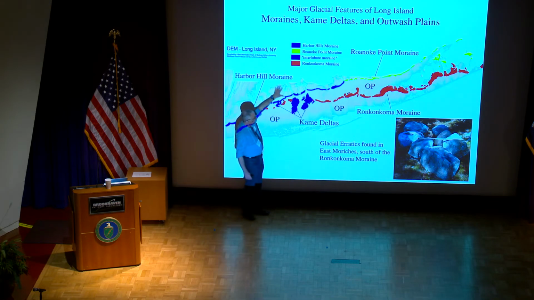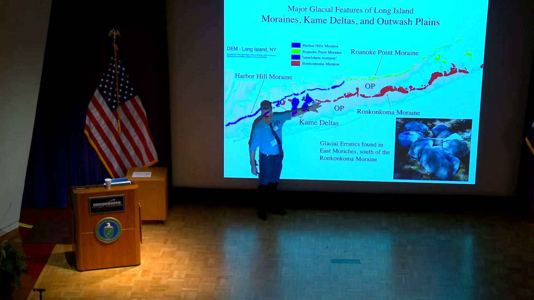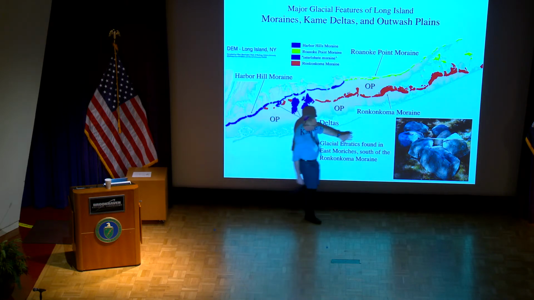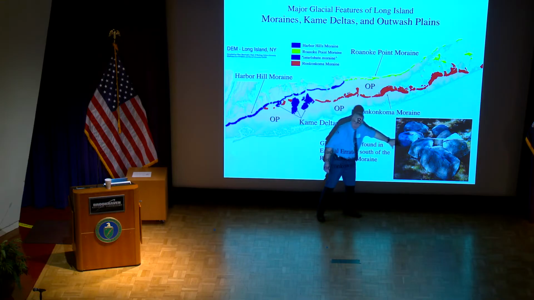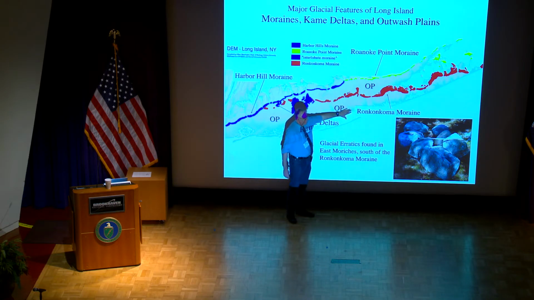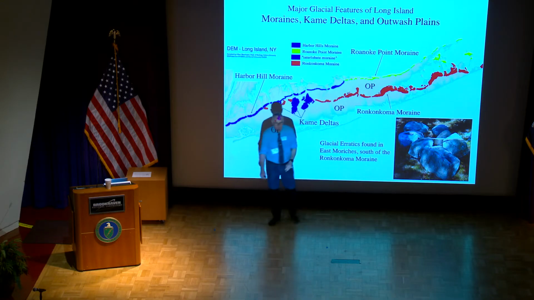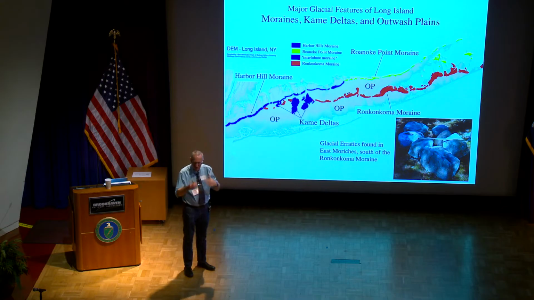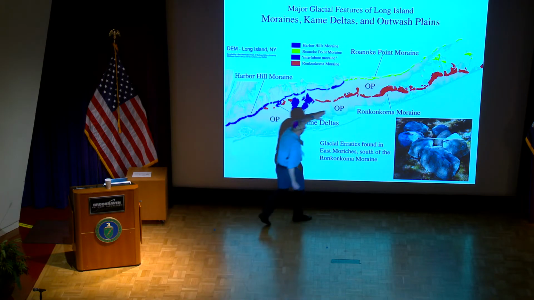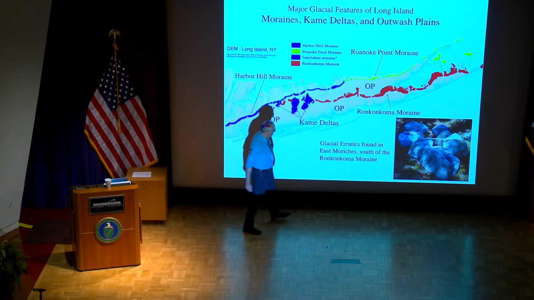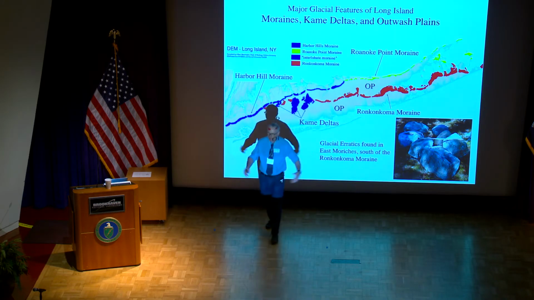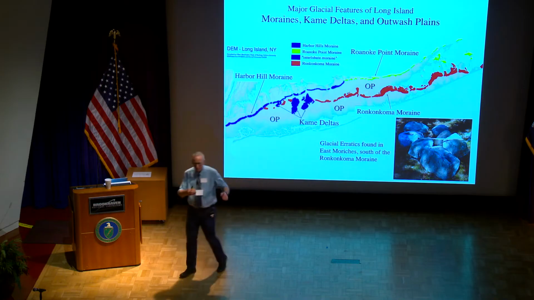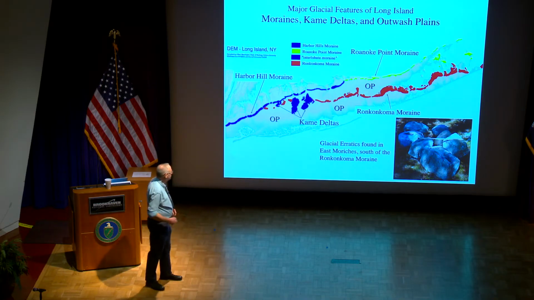We know that ice advanced further south than the Ronkonkoma moraine because we can find glacial erratics buried in the southern part of Long Island. So there is some glacial material that melted directly out of ice further south here. But whatever moraine is down there has long since been eroded away by the Atlantic Ocean.